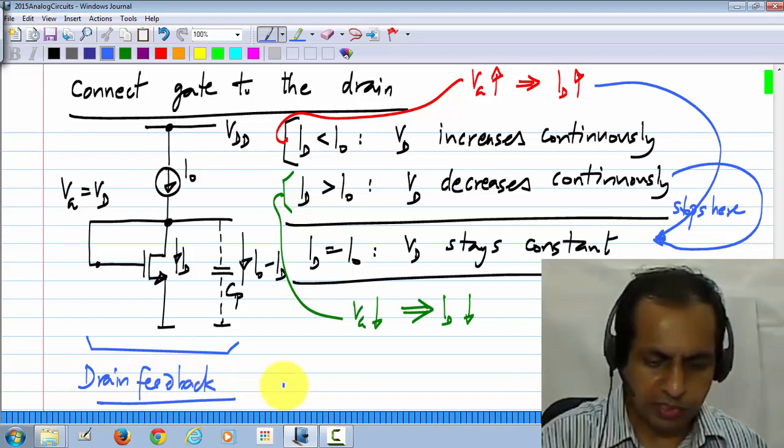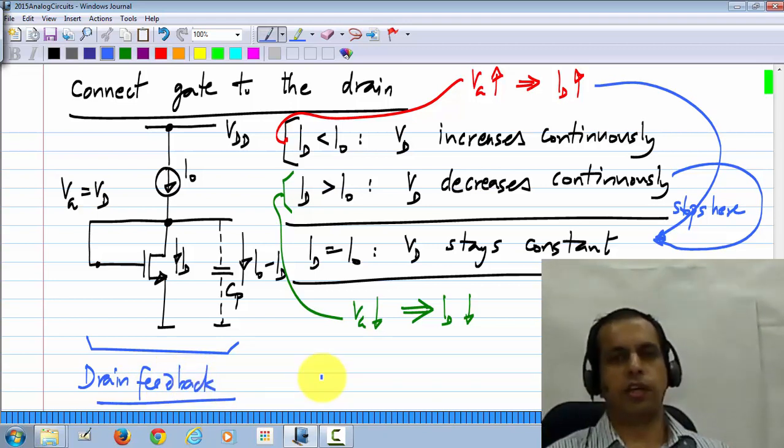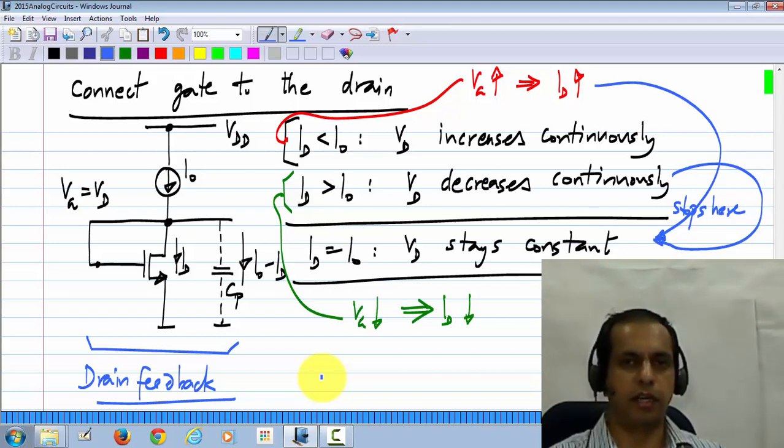What it really means is that the drain source voltage is fed back to the gate source. The gate source voltage equals the drain source voltage in this case. So the drain voltage is somehow fed back to the gate, and finally steady state is reached where the drain current of the transistor equals the desired current I naught.